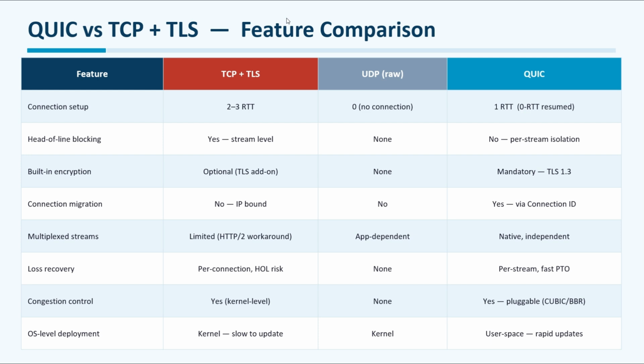In congestion control, there are congestion controls in TCP plus TLS and QUIC, while there is no such thing in UDP. In OS-level development, both TCP and UDP are provided at kernel level, whereas QUIC is provided at user space level.